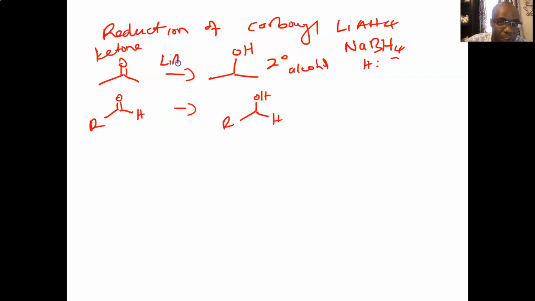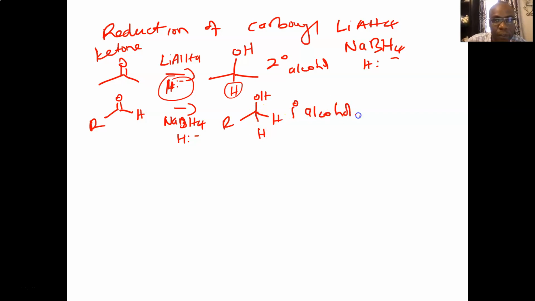So if you're using lithium aluminum hydride, all you're doing is adding a hydride. See here, there's no hydrogen. Now you do have the hydrogen, so that came from the reagent. Same thing if you use sodium borohydride or lithium aluminum hydride, here you're adding the hydride. You had one hydrogen, now you have two of them. Anyway, this is a primary alcohol.